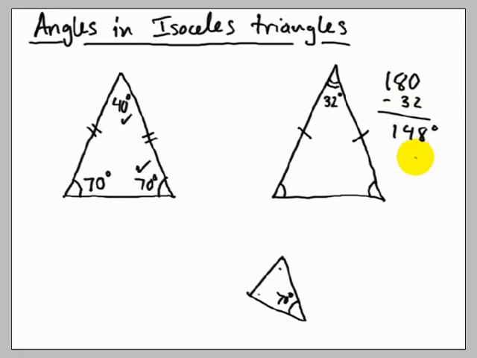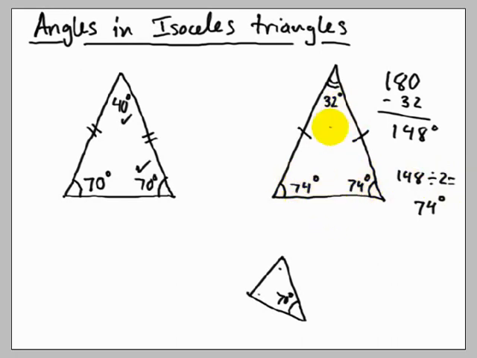That's correct. And now we know that this plus this is 148. But we also know they're the same angle, don't we? So why don't we just do 148 divided by 2? And we get 74 degrees. So each of these has to be 74 degrees, okay?